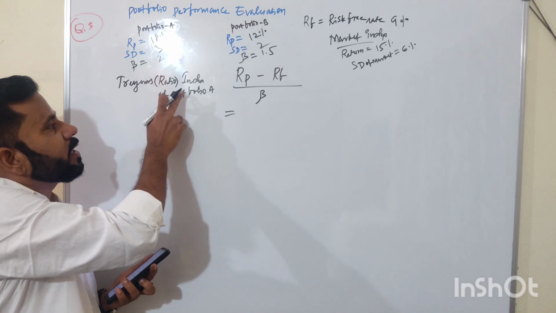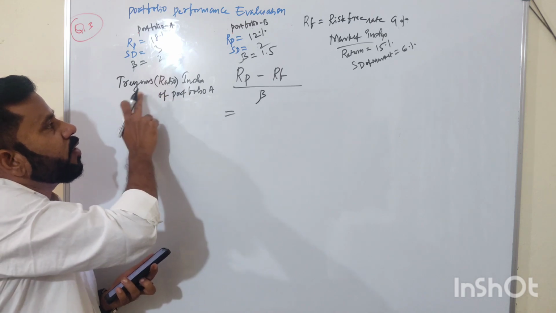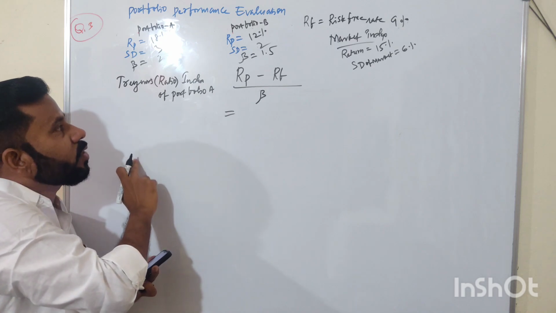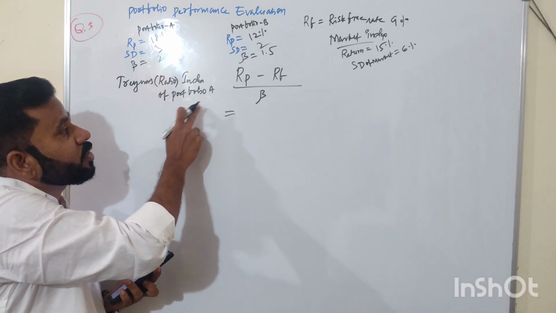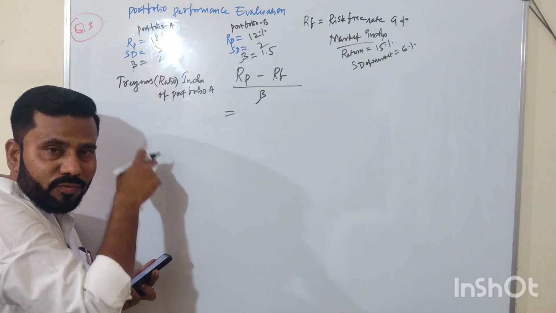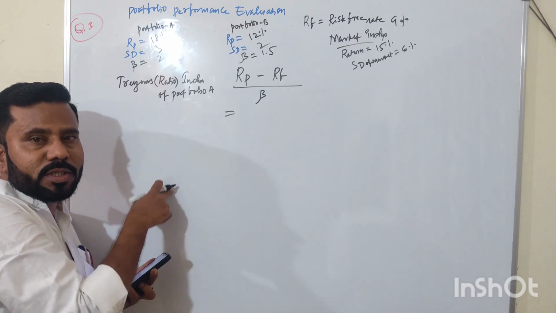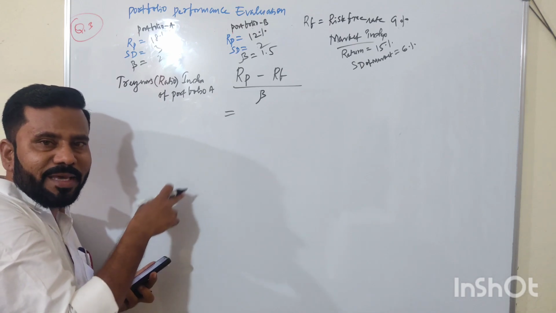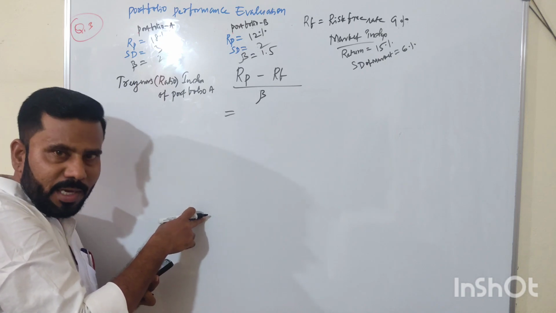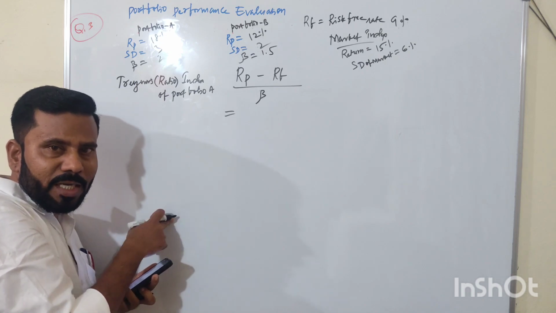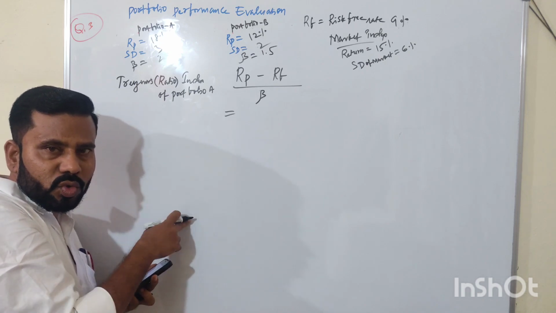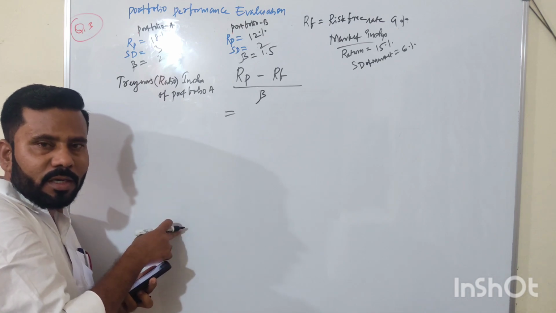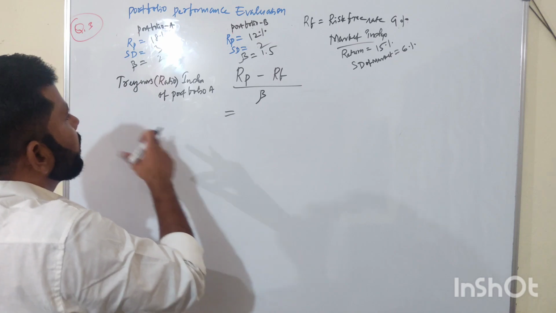When we find Treynor's ratio, we have to find it for portfolio A, and later for portfolio B. In that way we find the two portfolios' ratios separately, because in order to make a comparison and evaluate which is the better one, we have to calculate separately.